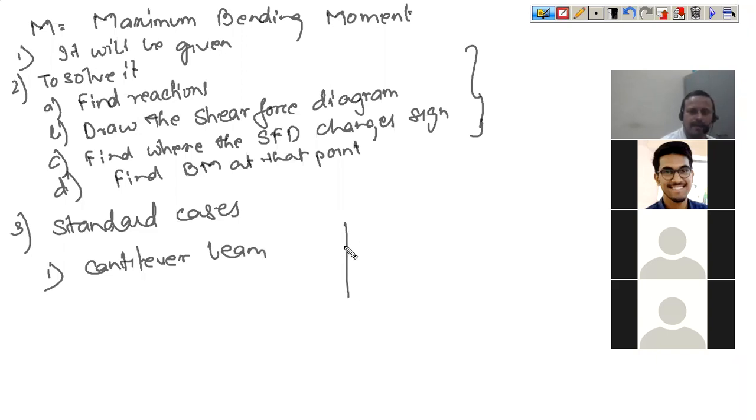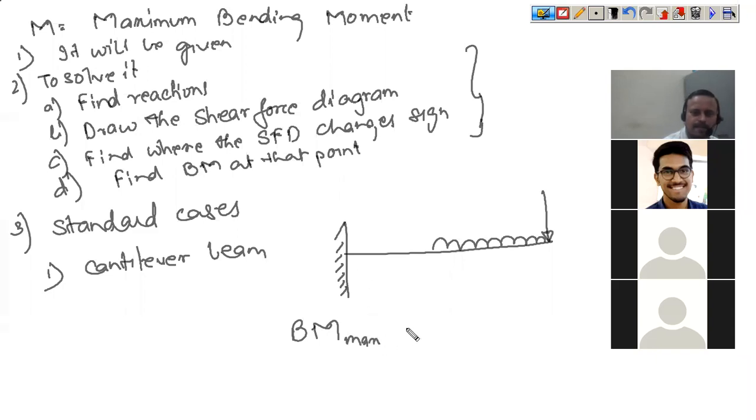If you have a cantilever beam which is acted upon by any load, any type of load, then the bending moment is maximum at the fixed end. So find the bending moment here.